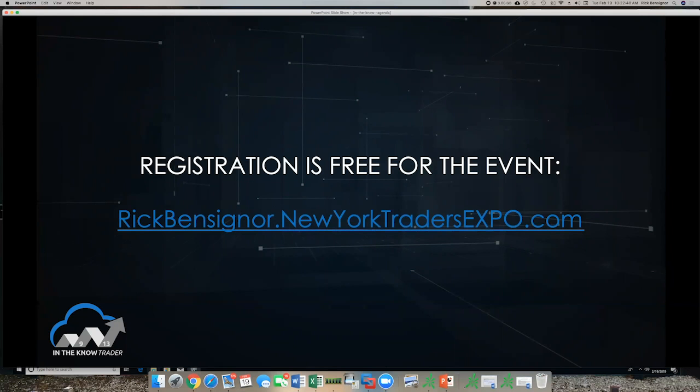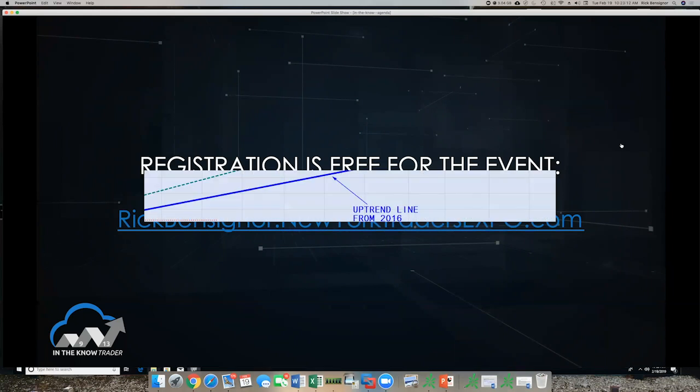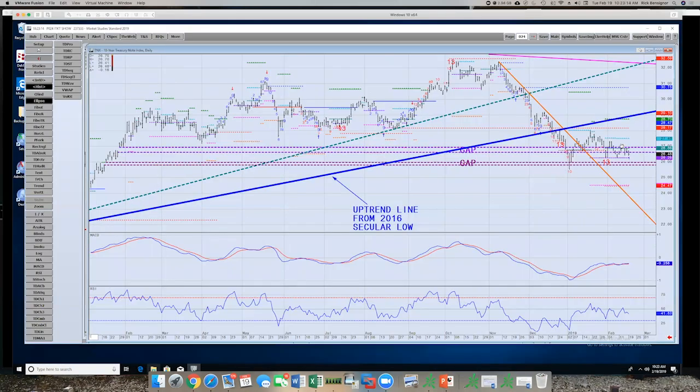Turning to the educational portion of today's show, this is going to be our fourth and probably the last installment on the use of the sequential model that Tom DeMark developed. Again, this model was developed back in the 1970s and has been minimally tweaked since then. So it's a darn robust model.